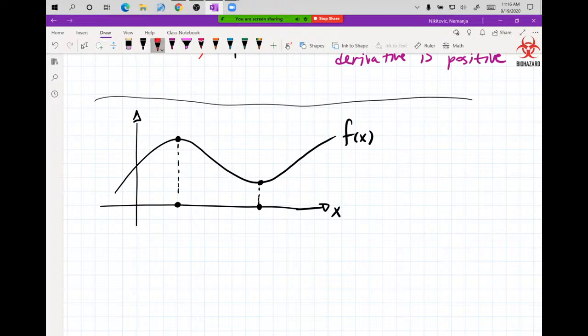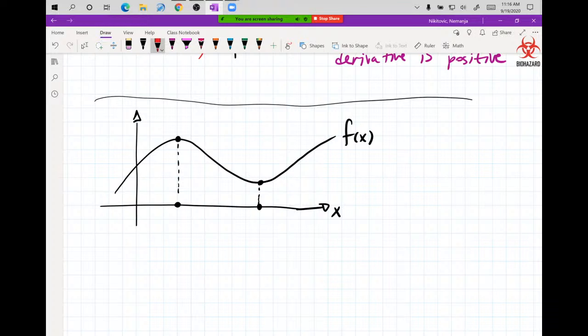And now, because maximum and minimum are where the increase changes to decrease and decrease changes to increase, right? That's why I'm getting those min and max points.